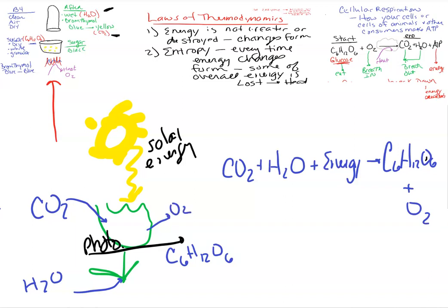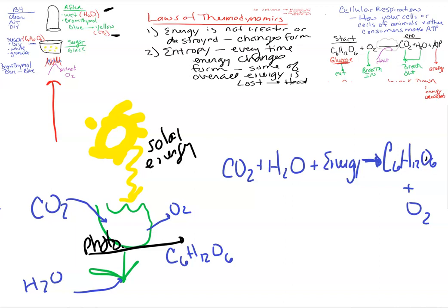What does that look like? If we take a look at this arrow, it shows us the direction that the equation is going to go. It matches up almost perfectly with our cellular respiration formula, where we have carbon dioxide and water on the ending, and energy, ATP.